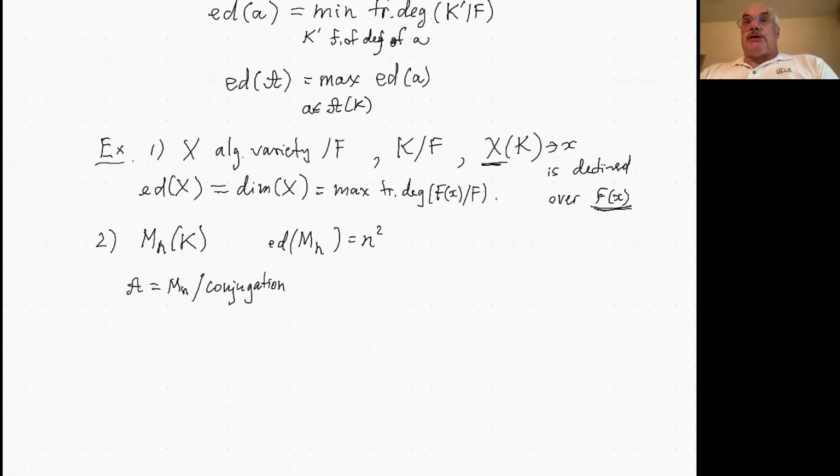So we know that every conjugacy class of matrices contains a unique so-called canonical form, which is a matrix of this shape. It is a matrix with ones below the diagonal, the other elements 0, besides the last column where you can have anything.